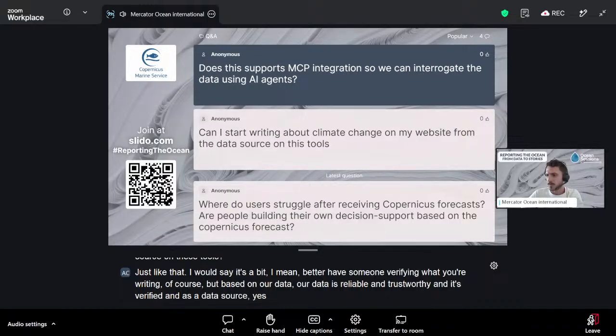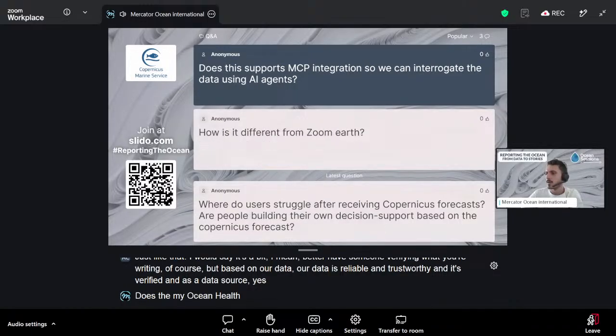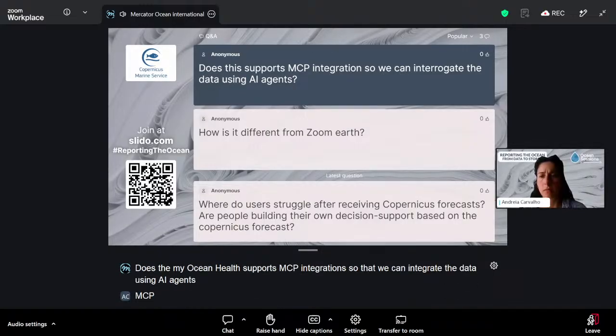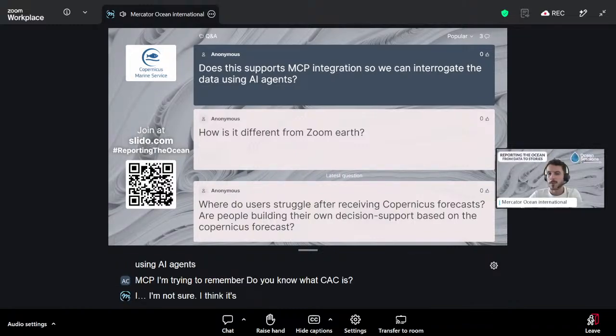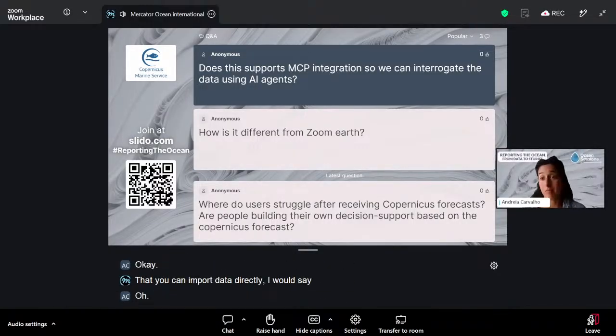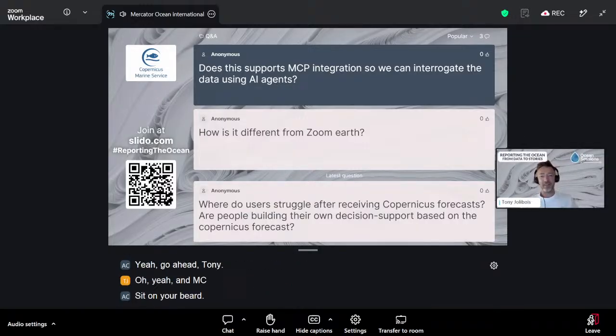Does MyOcean Health support MCP integrations so that we can integrate the data using AI agents? MCP, I'm trying to remember. I'm not sure exactly what it is. It's a link between tools that you can import data from directly, I would say. Go ahead, Tony. Yes, MCP is a standard way to exchange between AI agents and tools.